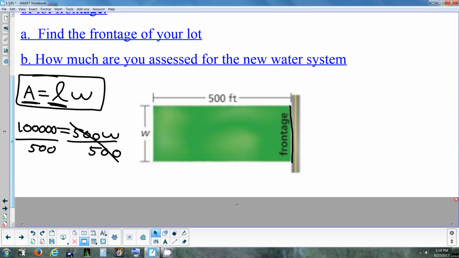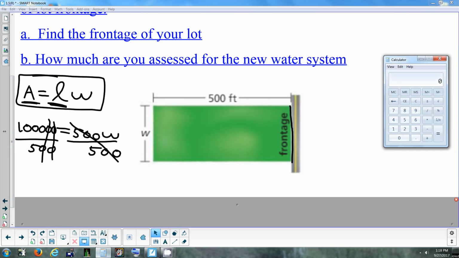Now when you divide, you can cancel a 0, cancel another 0. So it's 1,000 divided by 5, which is 200. What did I just find? That's the width.